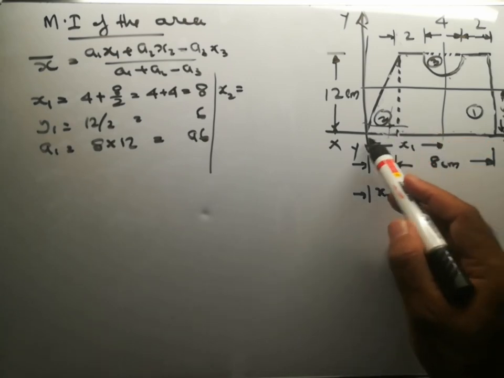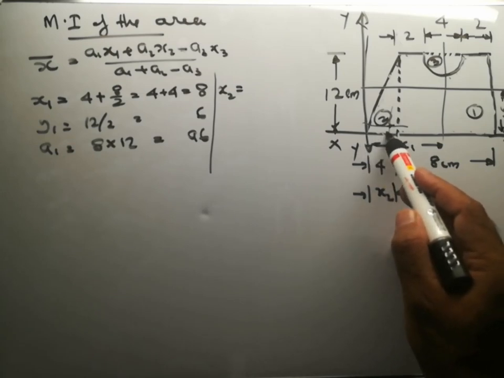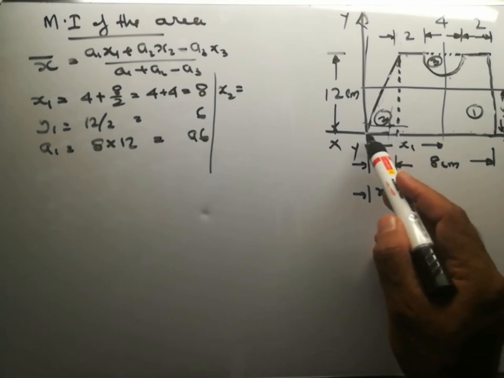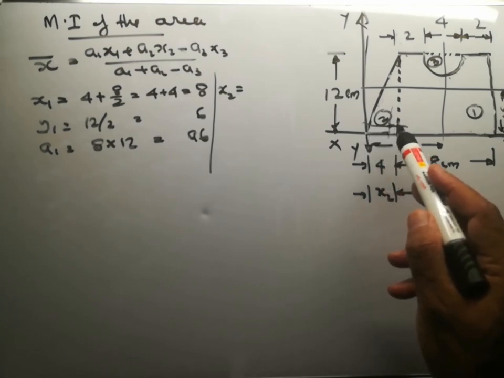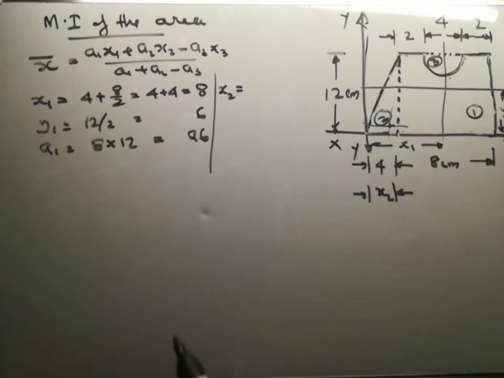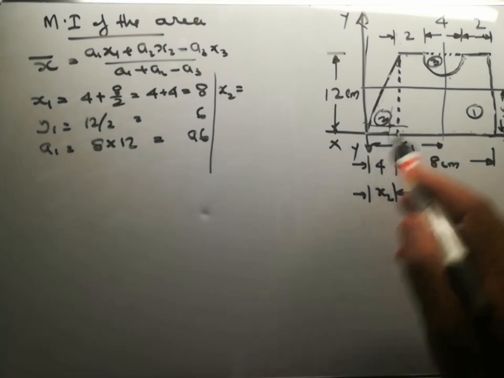So we need this distance only, from here up to here. So what we can do is, either we can find out 2 into 4 by 3, or 4 minus 4 by 3.